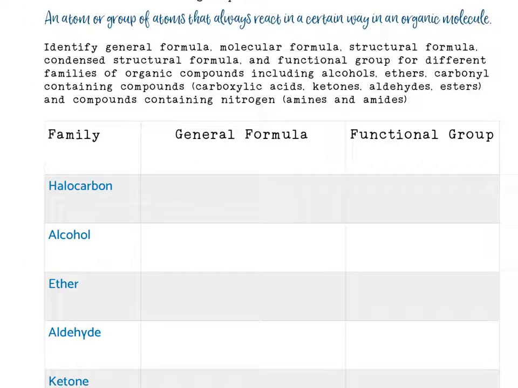Starting to look at the functional groups, we're going to start off with the halocarbons. Halocarbons are named from this halo, which represents halogen. And halogen, as I'm sure you can remember, is group 17 of the periodic table, which could be fluorine, chlorine, bromine, or iodine.